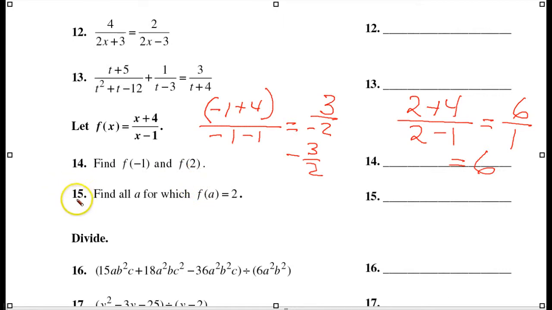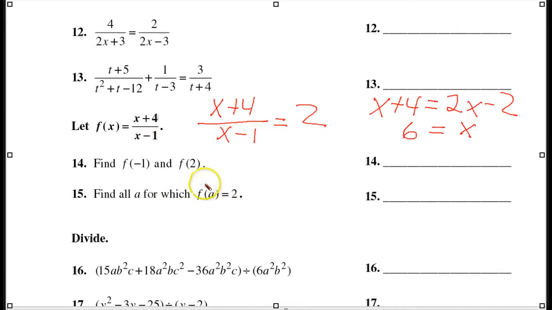Okay, in number 15, they say find all a's for which this function equals 2. So we're going to have to set that up as an equation. So when to think of it, we're saying that this equals 2. So we have this equals 2. And we can think of that as 2 over 1.